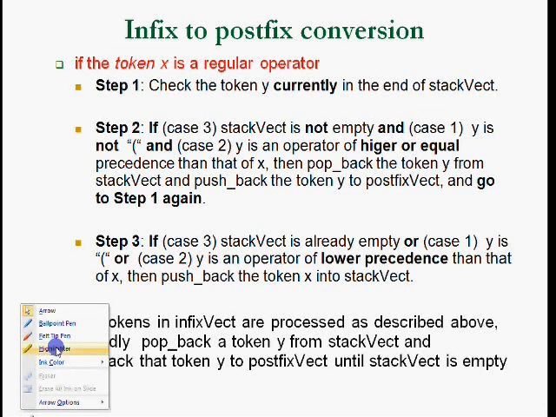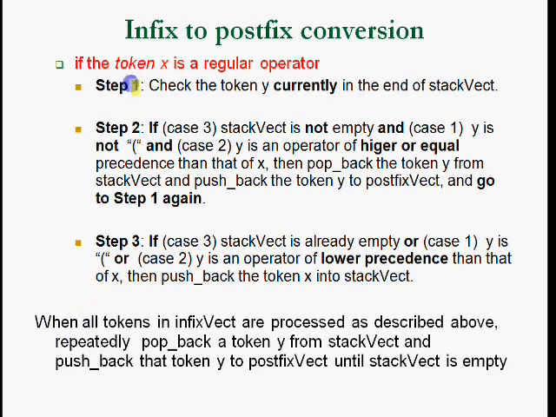In step 2 you have 3 cases. The first case is the stack vector is not empty, the second is it is not a left parenthesis, and the third is it may be an operator of higher or equal precedence. In those cases you must pop everything and then push the current token.